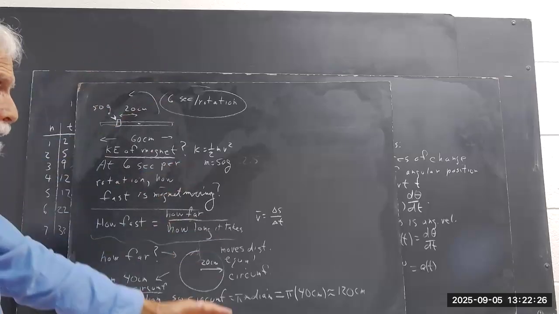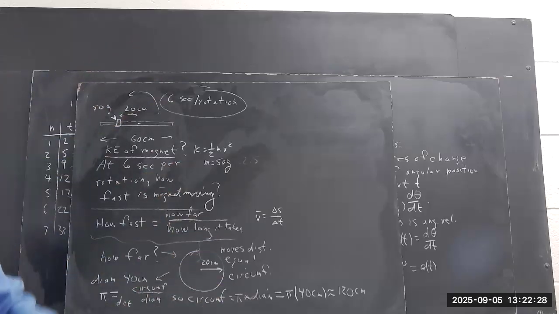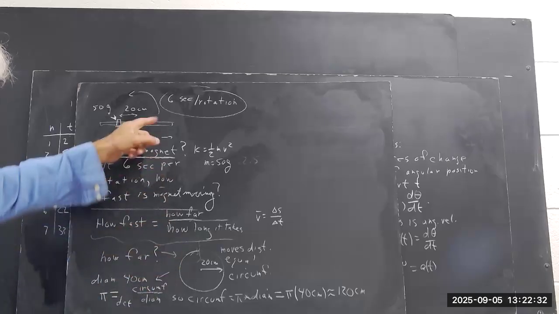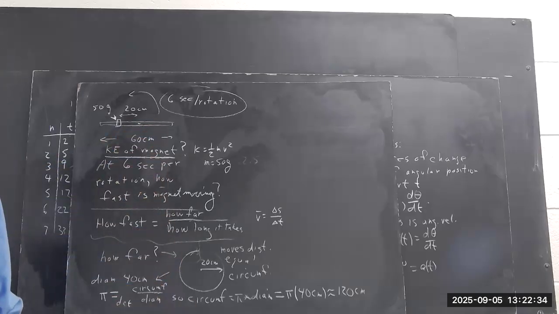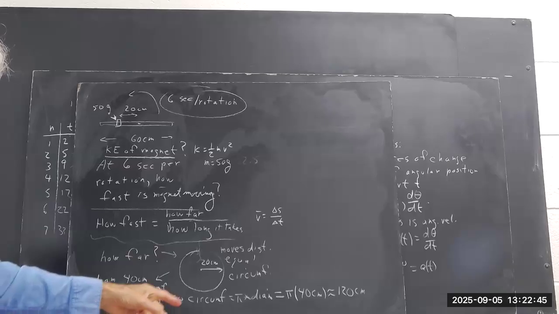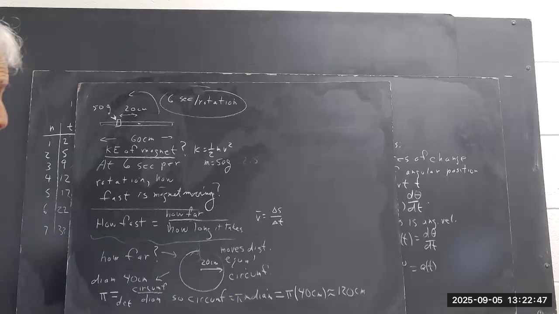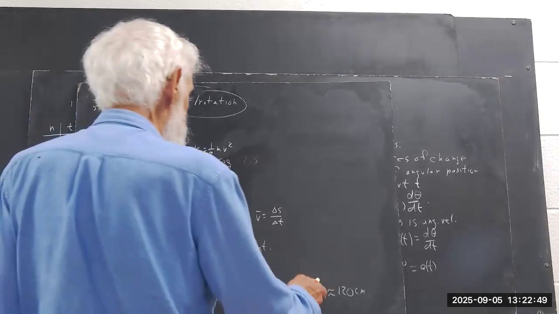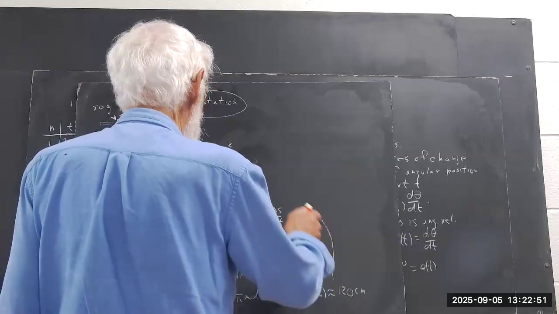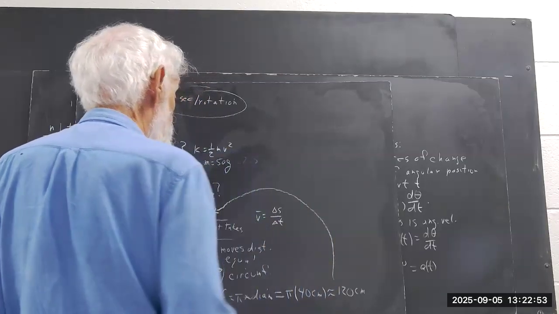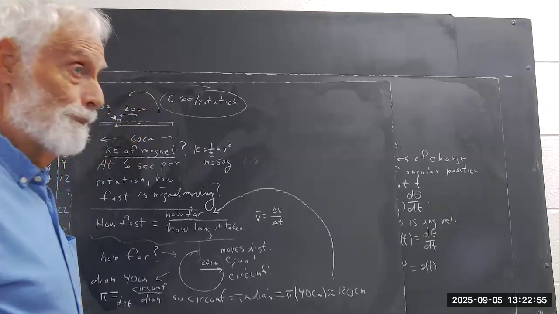My whole point here is nobody wrote it out that completely. But there are aspects of what I've written out here that you would have done well to write out instead of getting the wrong answer. I haven't completed it. It went 120 centimeters. Well, now we can feed that back into how far, okay?